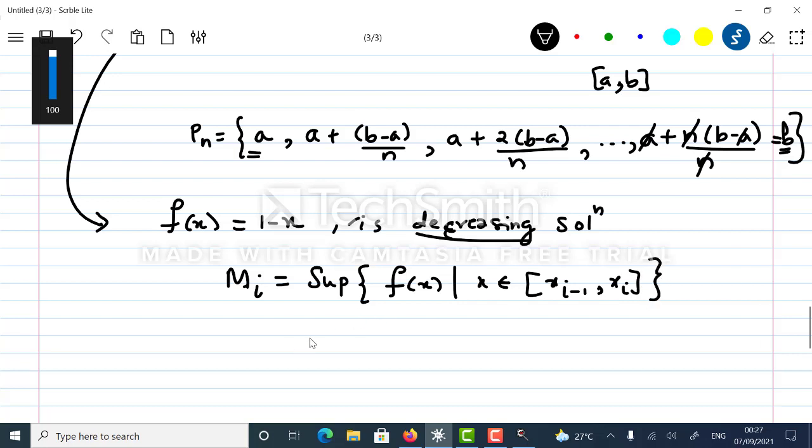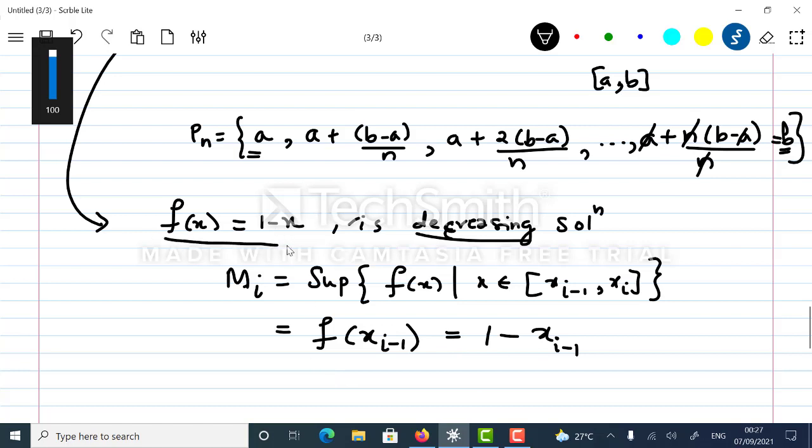Since it is a decreasing function, the supremum will occur at the starting point only. So it will be f at xi minus 1. So what is f at xi minus 1? It is 1 minus xi minus 1, because f of x is equal to 1 minus x.